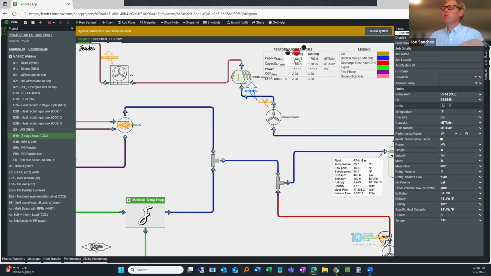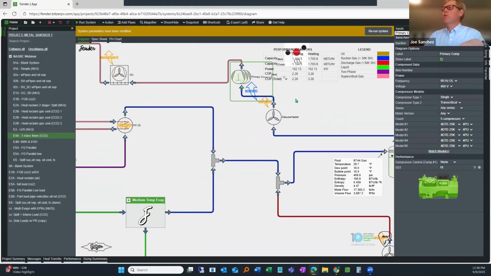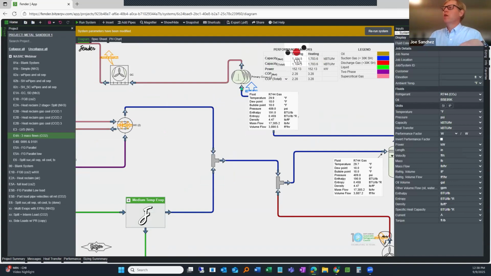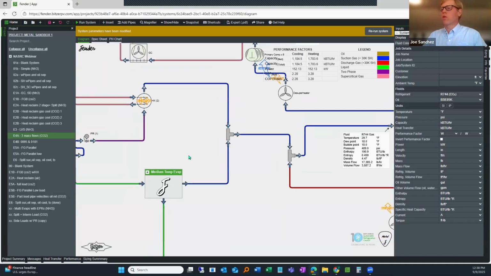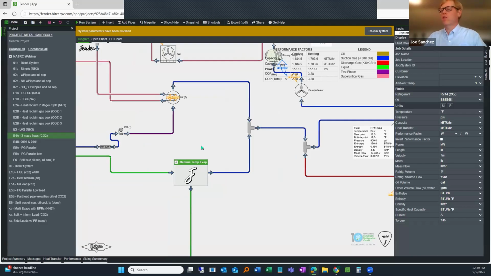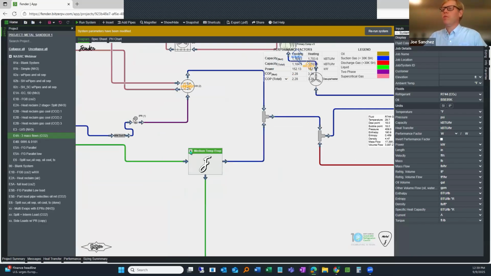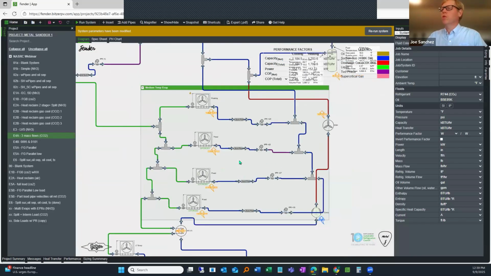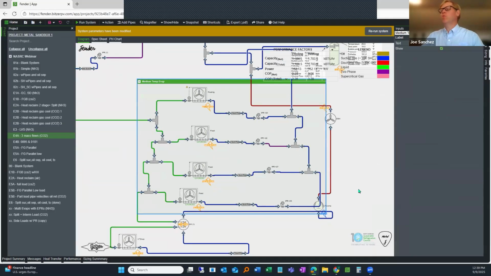So in this situation, let's just say that we were trying to understand why our superheat at this compressor is only 11 degrees, and we'd like to see it maybe a little bit higher, just for periods of defrosting and other situations. So this medium temp group, we don't have to model it just as one evaporator.